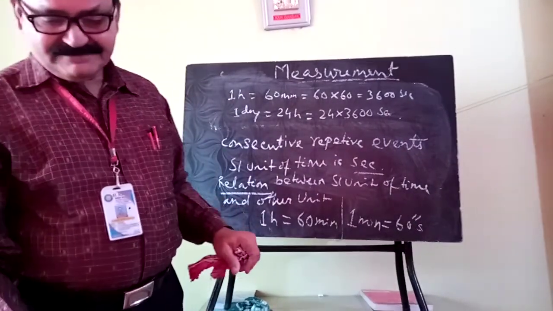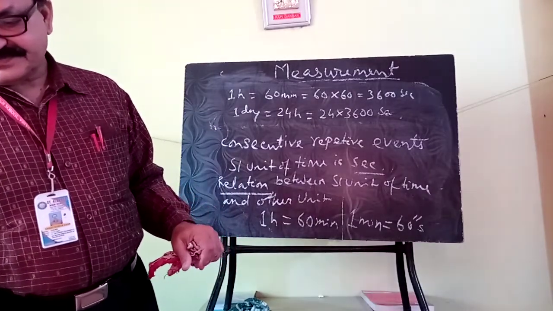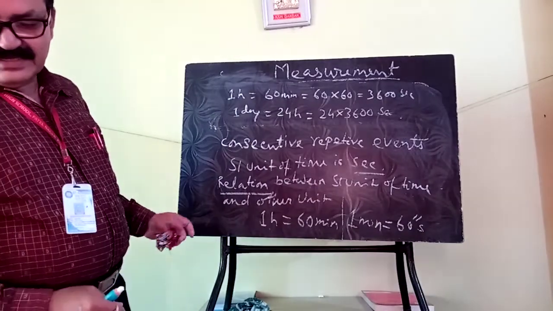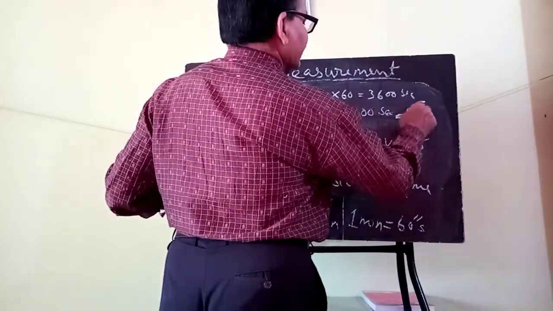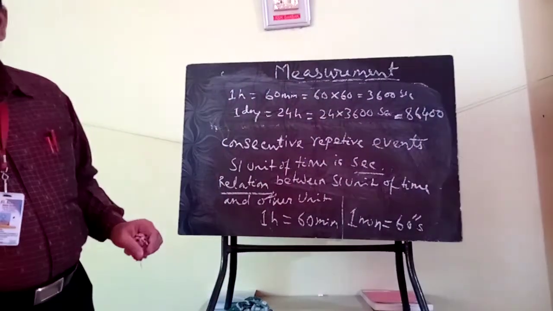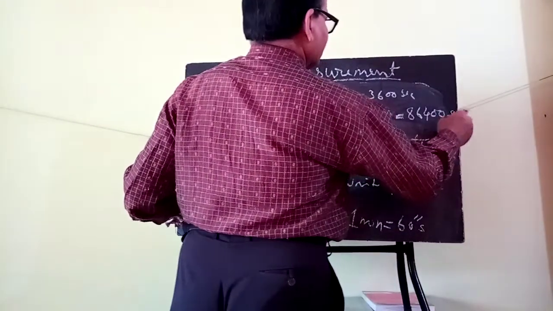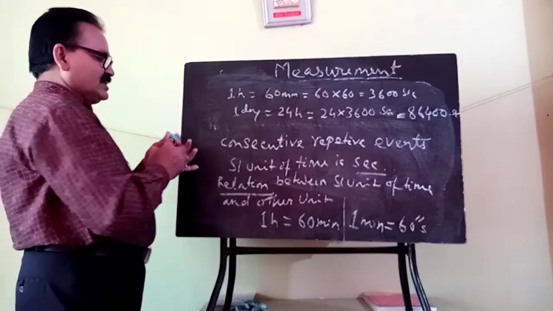So one day is equal to 86400 seconds. This is the data you will calculate in terms of your seconds.